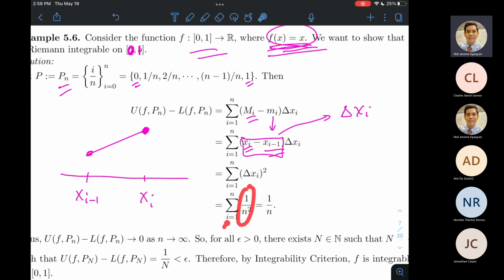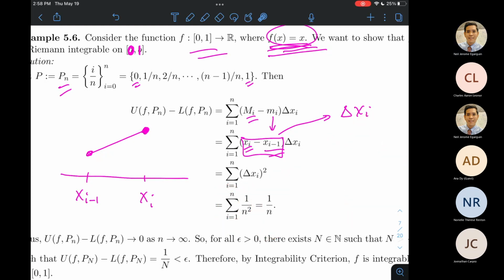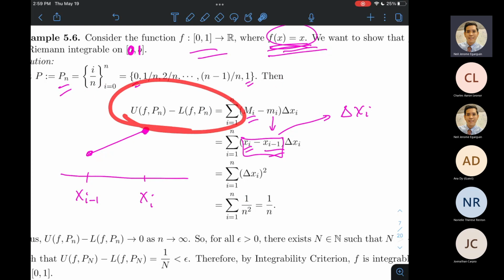Since 1 over n squared is independent of the indexing variable, pwede ko siyang ilabas ng summation. Okay? Tapos magsasum up lang ako dito ng n na 1. Kasi yung summation ay going from 1 to n, so ang total nito ay n. So magkakaroon ako ng n over n squared, 1 over n. So kapag kada nag-consider ako ng isang partition inducer na ganito yung itsura, na ang step size ay 1 over n, ang upper Riemann sum minus lower Riemann sum ay laging 1 over n lamang yung sagot.